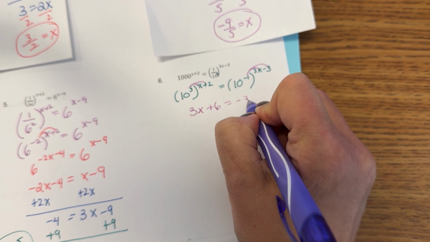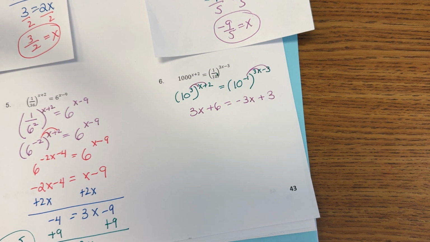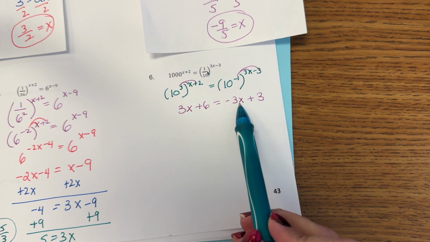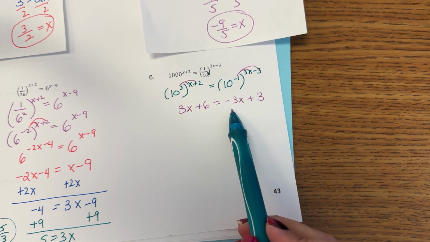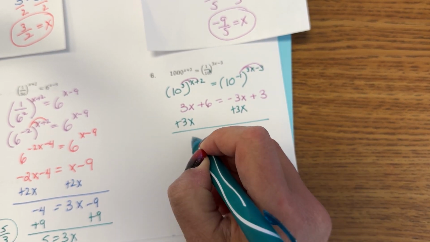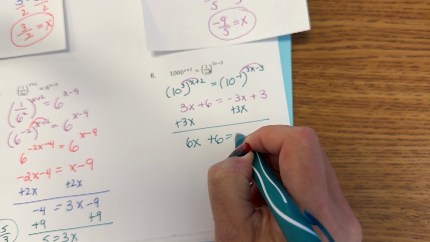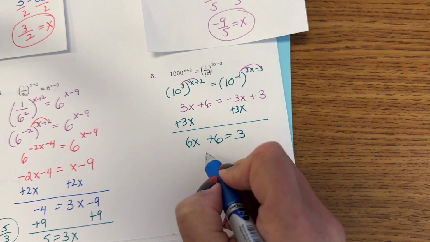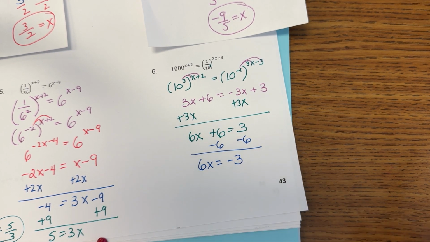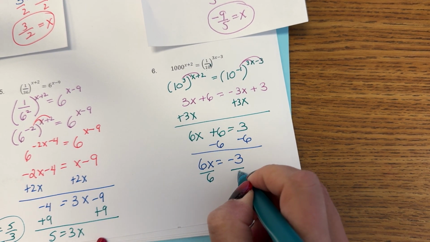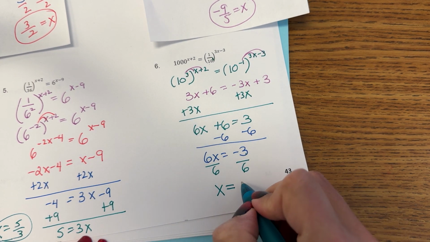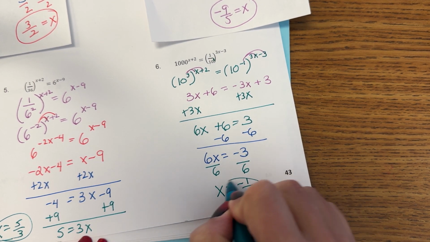And at the same time, I'm setting my powers equal. Instead of subtracting 3x to the right, which makes more negatives, I'm going to add 3x to the left. And subtract 6. And divide by 6. 3 and 6 can both divide by 3, so we get -1/2.